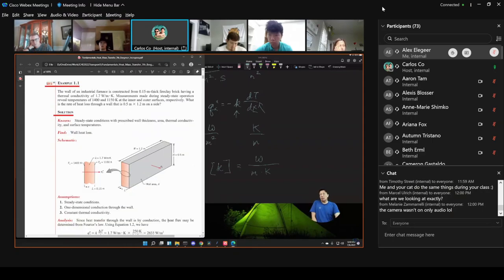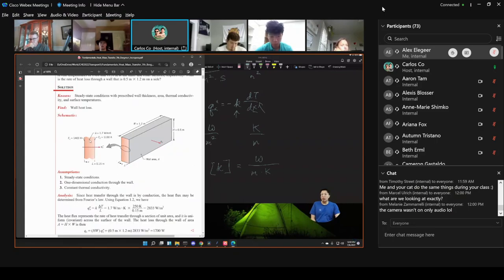Here's a very practical example. They tell you that you have a wall. One side is at 1400 kelvins and the other side is at 1150. You're given the thermal conductivity, and in this case we'll assume for now that the temperature profile is indeed linear. We will talk about why it is linear later on.